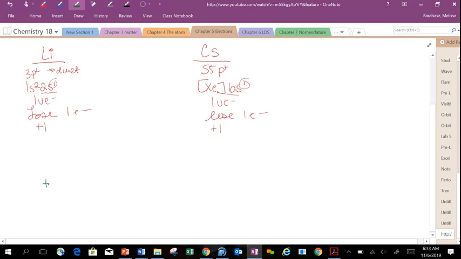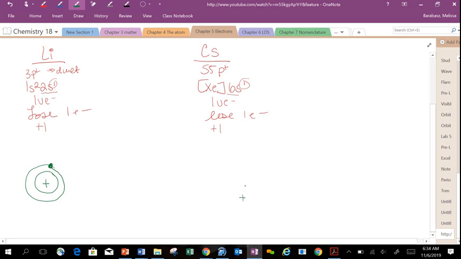If we were to draw lithium, I'm going to use the plus sign to represent the nucleus, because inside the nucleus are your protons and neutrons, so the nucleus overall is positive. We're going to draw 2 rings around lithium. When we're forming a bond or a reaction, the only electrons that can be gained or lost are the valence electrons, so those are the only ones I'm going to put on here. I'm going to put 1 valence electron on lithium, and then I'm going to draw cesium.